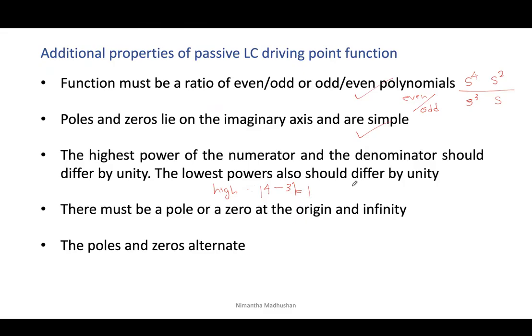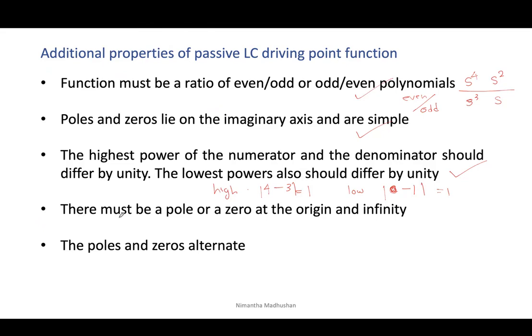The difference is 1. And for the lowest power, numerator value is 0, and the denominator value is 1. The difference is 1. Then the third condition is also satisfied.